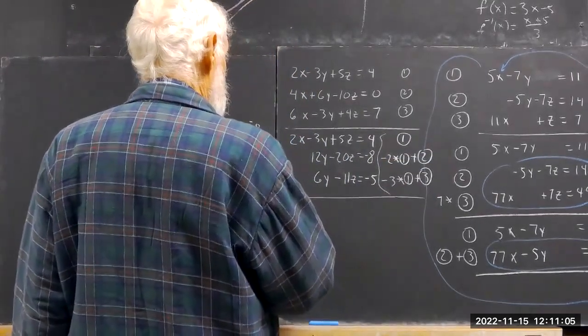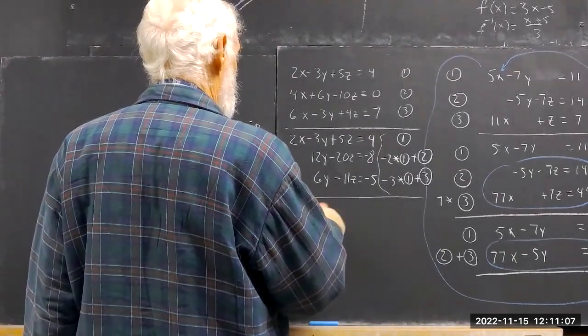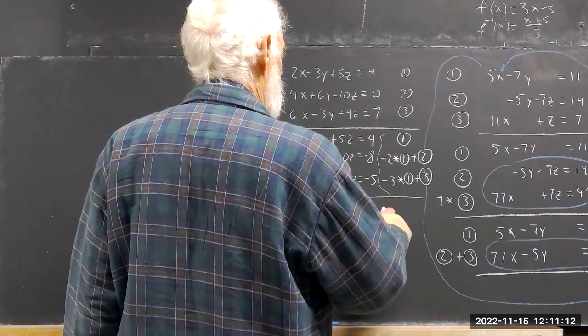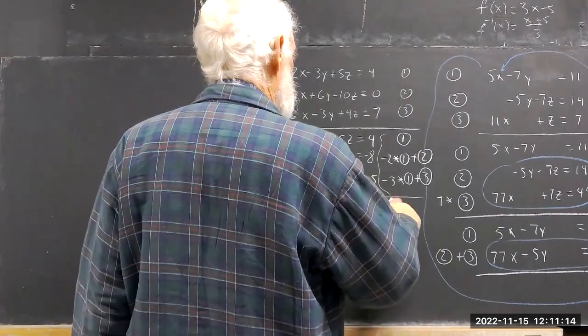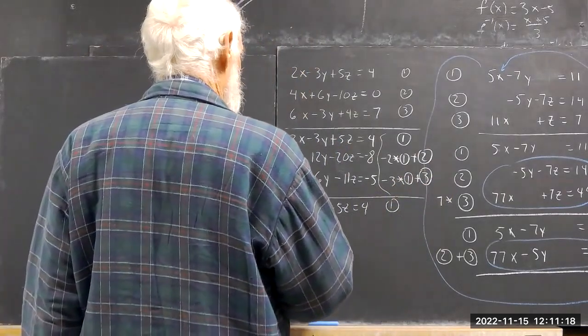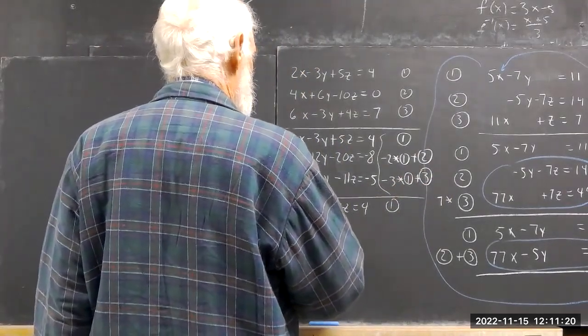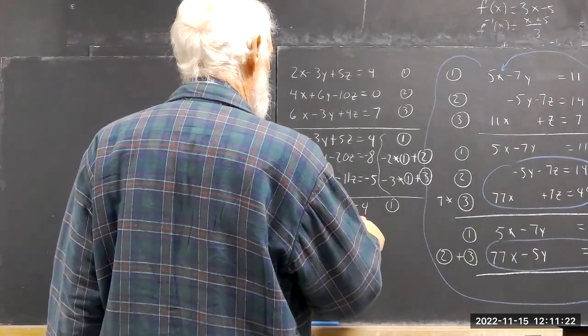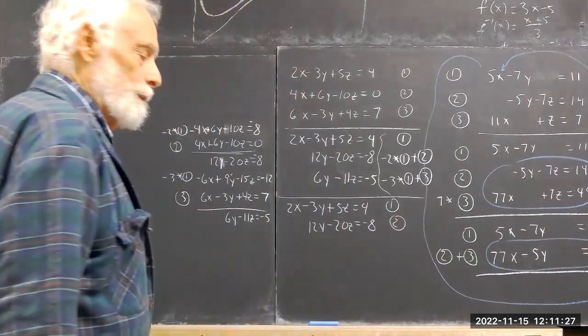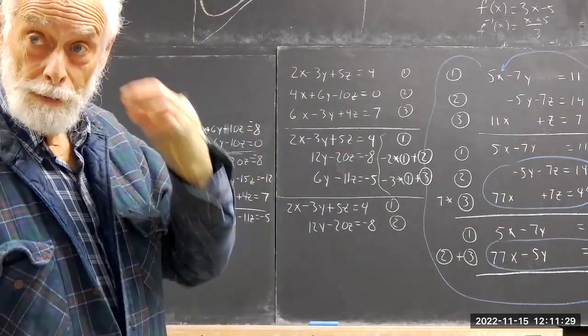Okay, so I'm going to write my first equation. And that is just the first equation from before. And I'm going to write my second equation. Not going to change it.